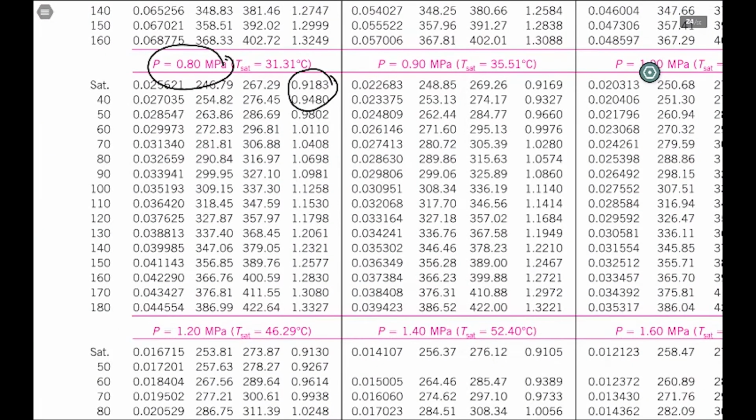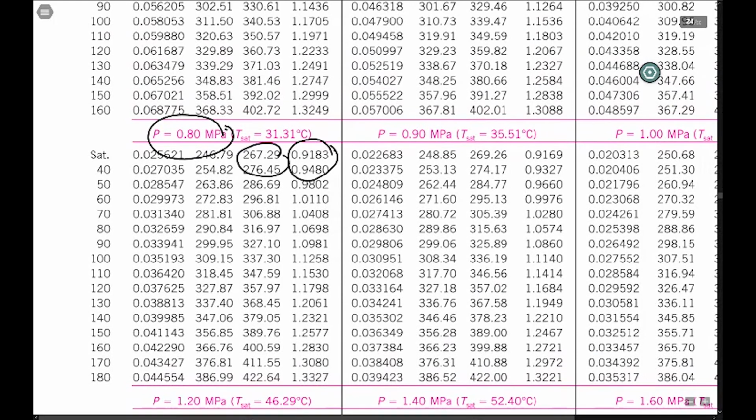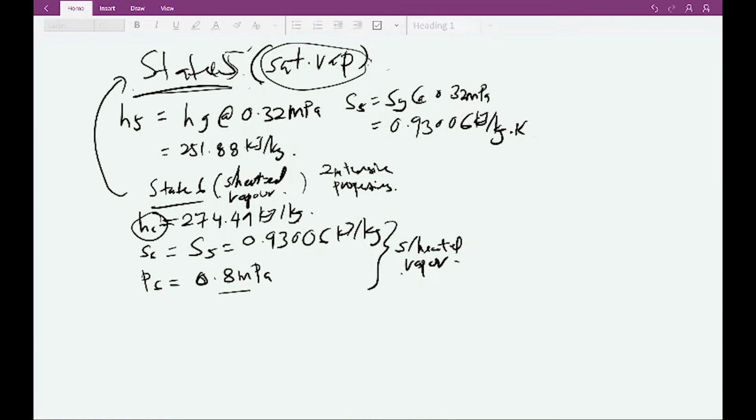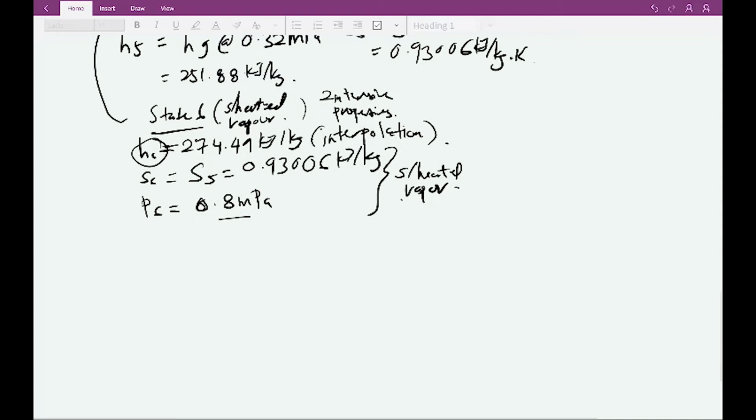If you want to check your value, you must look at this: it must be located between 267 and 276. So our answer, 274, is correct. This is obtained from the interpolation method.